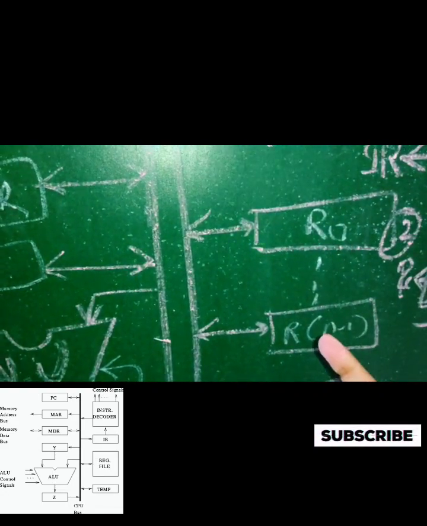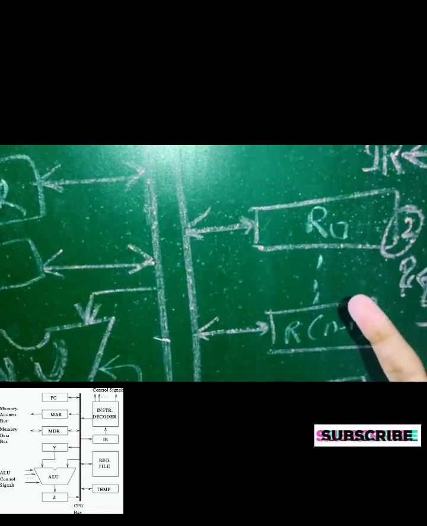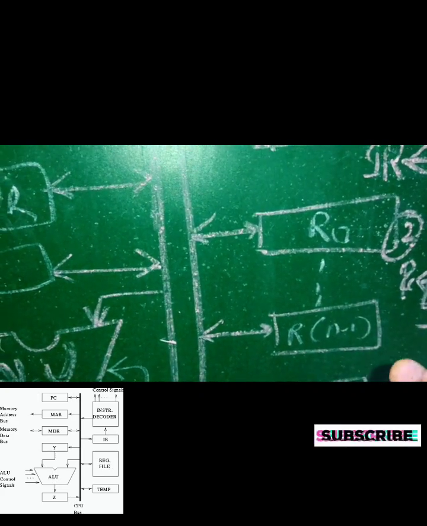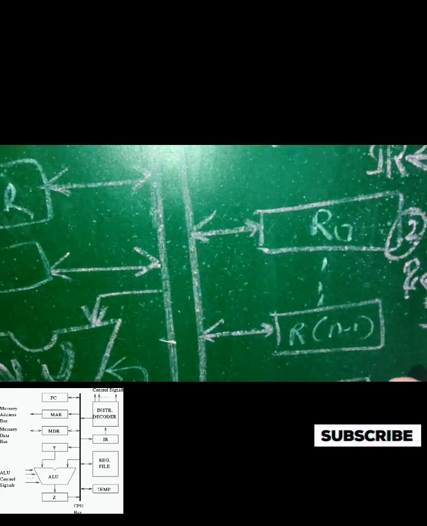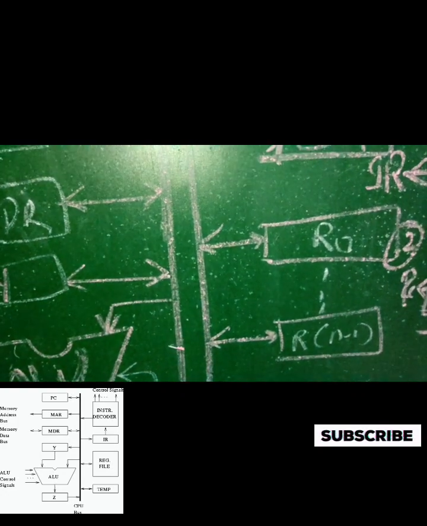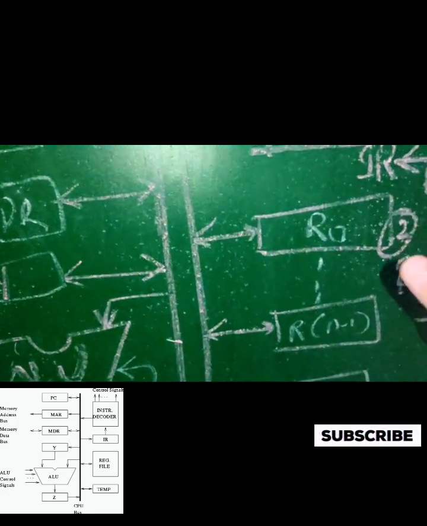The number and function of the registers R0 to Rn-1 are independent, and basically these are a special type of registers. We can't say a fixed number of registers for every computer; depending on the computer, the register count will vary.